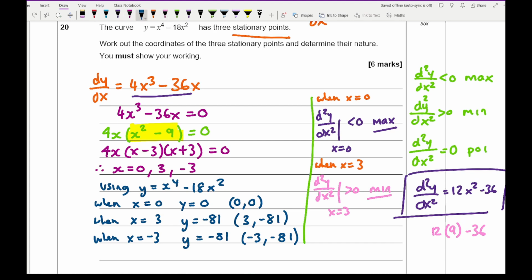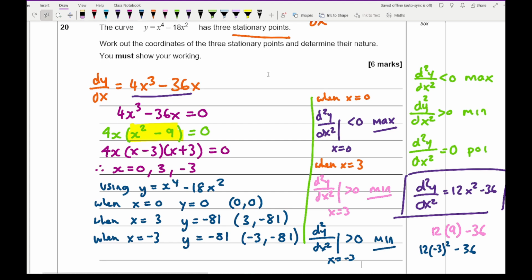And for the final point of minus 3, if I substitute, that's going to be 12 times minus 3 squared minus 36. That's also going to be greater than 0, so that's also going to be a minimum.